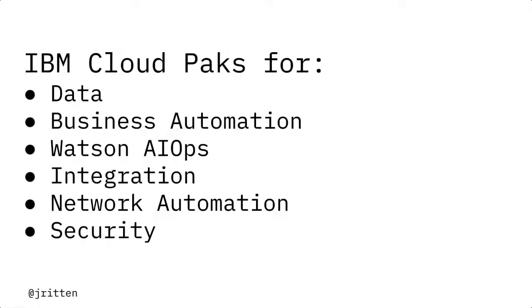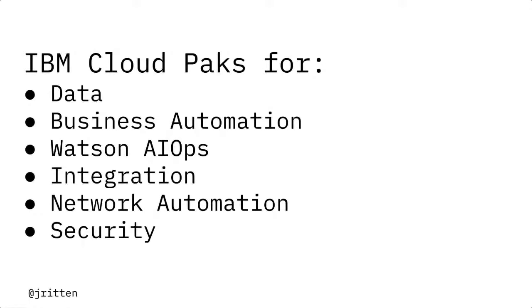So we have things like logging and data analysis, security, integrations like machine learning and things like that. These are pieces, services. They're really just IBM services that are all bundled together and ready to go depending on what your needs are, right?